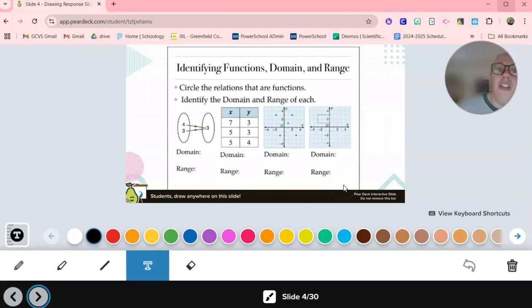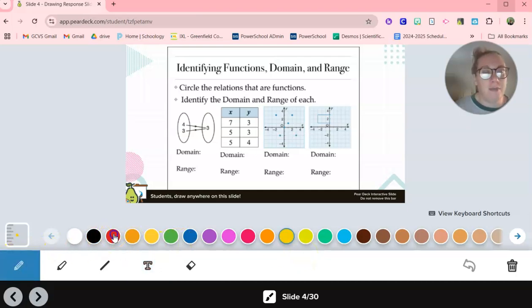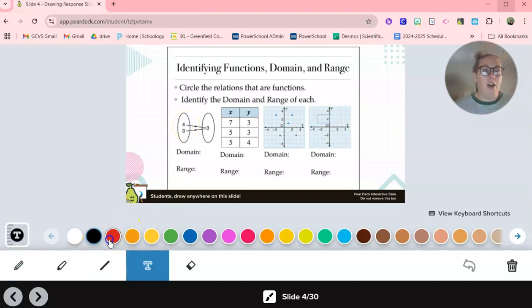So thinking about functions, domain, and range. Looking at these, circle the relations that are functions. So for the first one, our domain is 4 and 3. Those are the inputs, right? They're on the left side in the X area, and the range is 3. There's only one number in the range because 4 maps to 3 and 3 maps to 3.